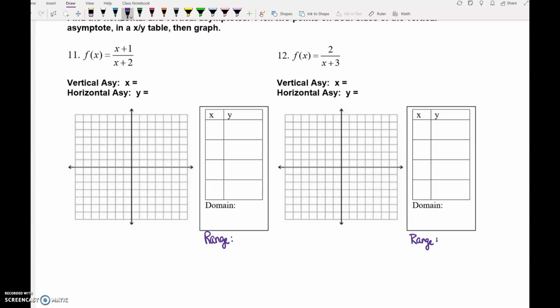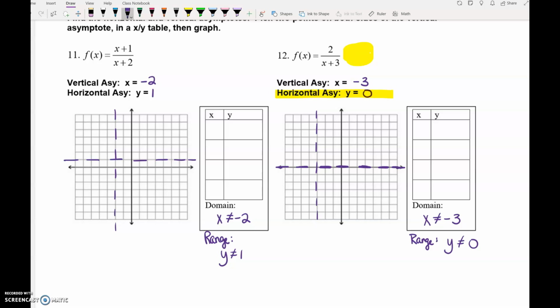And I would also like you to use dashed lines to draw those vertical and horizontal asymptotes onto the graph. We're not going to actually graph these, but I want you to draw those asymptotes onto the graph so that I know that you know where exactly those asymptotes are so that you could accurately pick out the graph that matches.